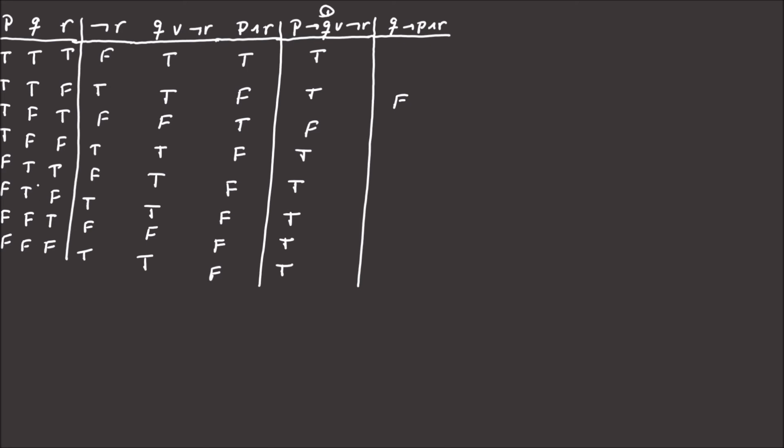And then in rows 5 and 6, Q is true, and P and R is false in both of those. And it is true everywhere else. And that was our second hypothesis.